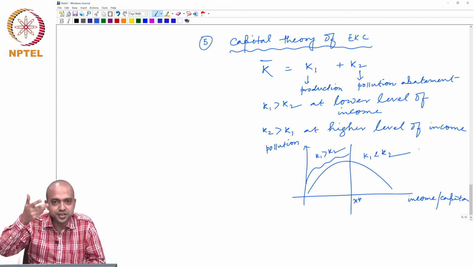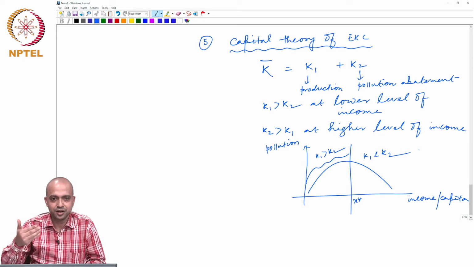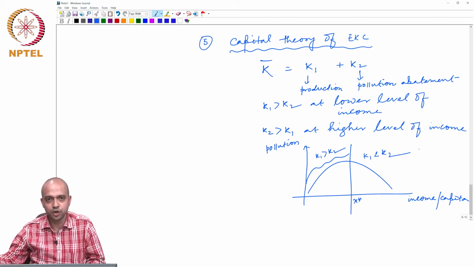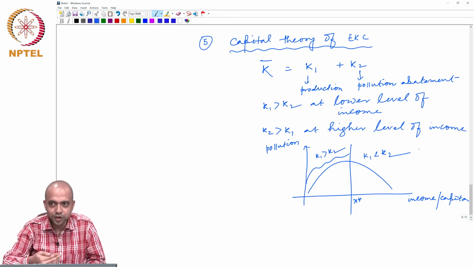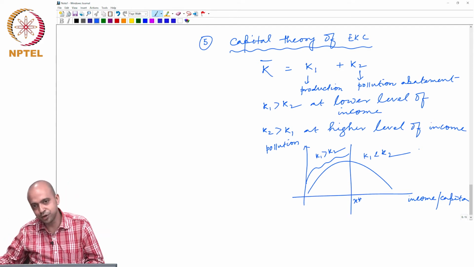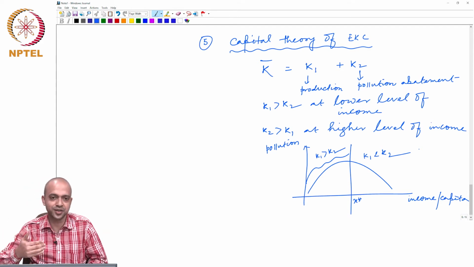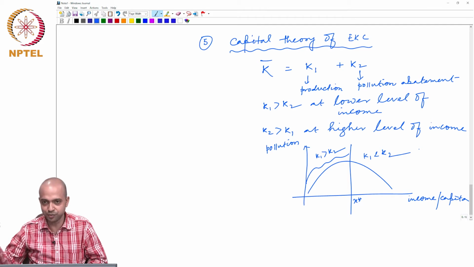So, society's preference, economy's preference, changes from lower level of income to higher level of income. While at the lower level of income, preference is given more towards production of goods and services, at higher level of income, preference is given more towards pollution abatement.